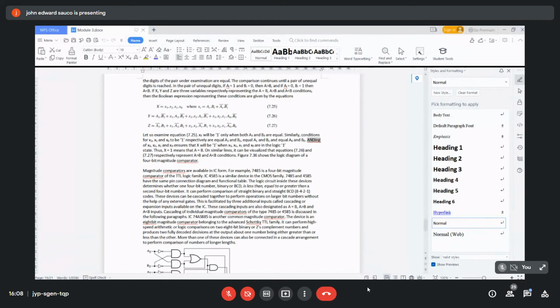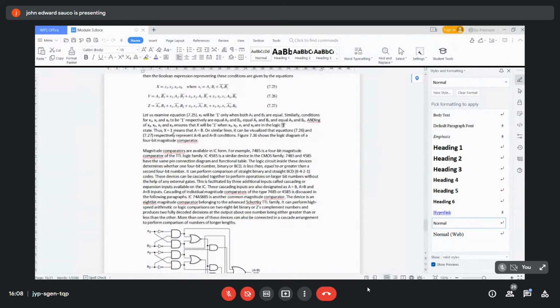Kasi siya is naka-AND. So, kailangan 1 lahat para magkaroon ng 1. Okay? So, kapag yung X equals 1, ibig sabihin, A equals B.